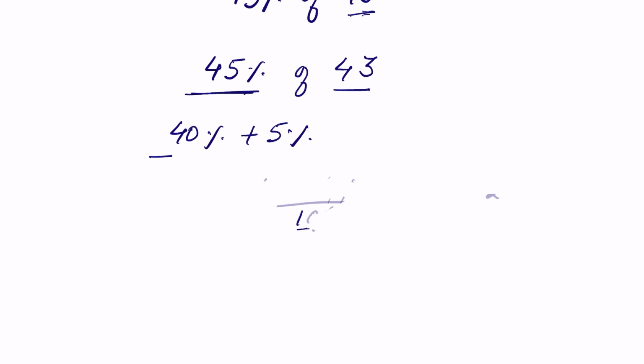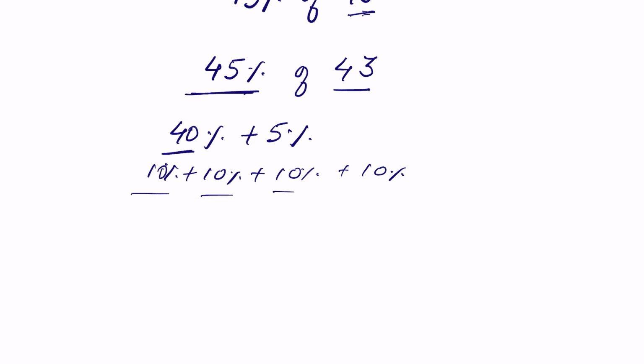Or to make it quicker, we again divide 40% into chunks of 10%. So four 10% will be 40%. If you practice this method, you can do this in your mind only. Four 10% chunks means 40%. Now 10% of 43 will be 4.3, and there are 4 chunks, 1 2 3 4, so we multiply it with 4, so it is 17.2.